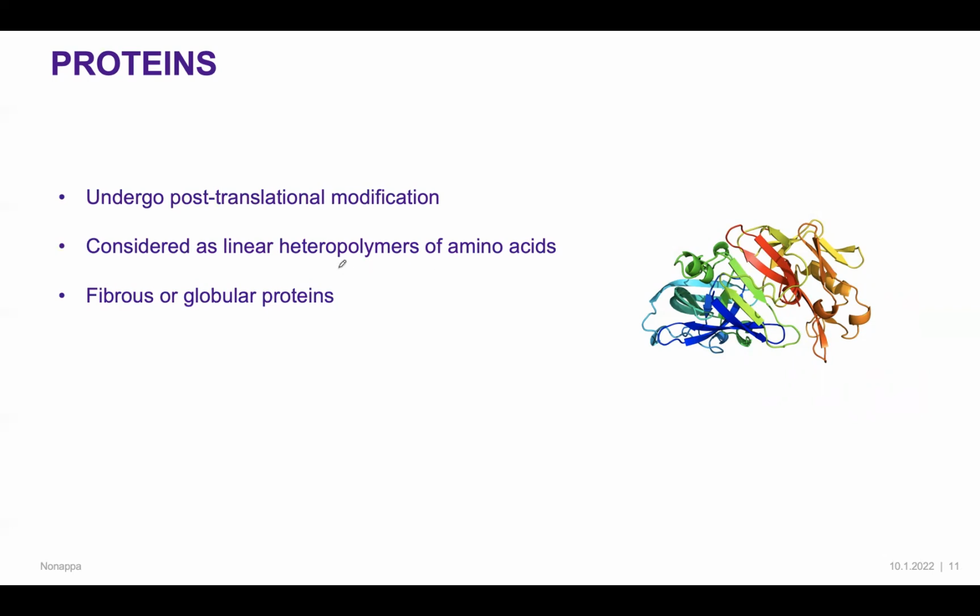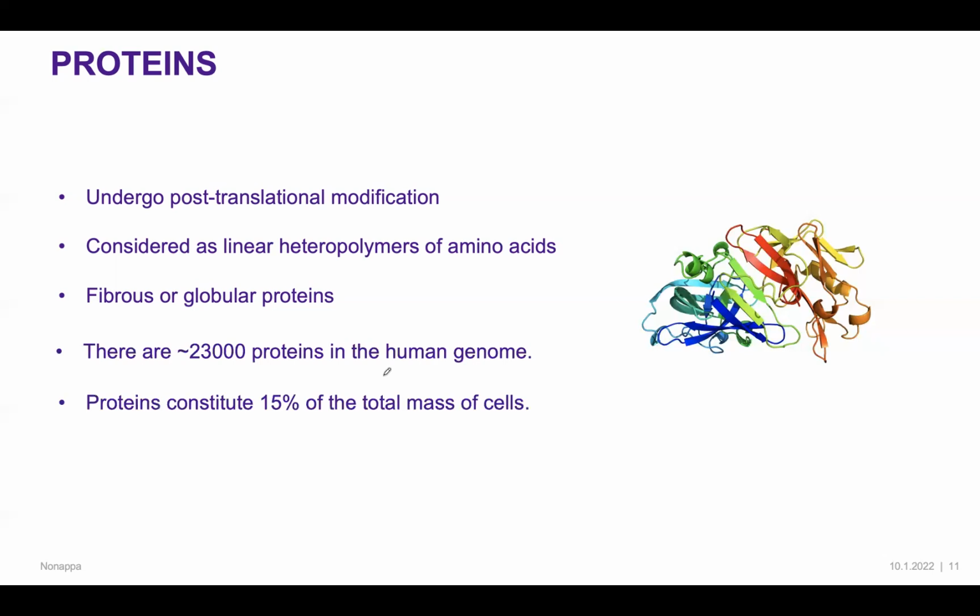They are linear, and they are heteropolymers because more than one type of amino acid is present in the majority of the proteins and polypeptides. The proteins can be fibrous or globular. There are 23,000 proteins in the human genome, and proteins constitute about 15% of the total mass of cells.